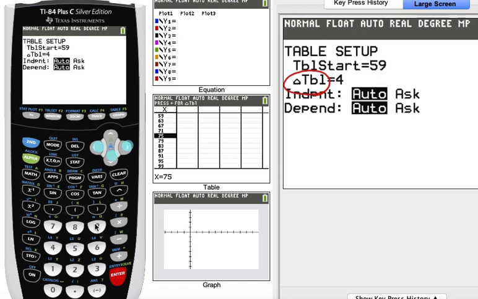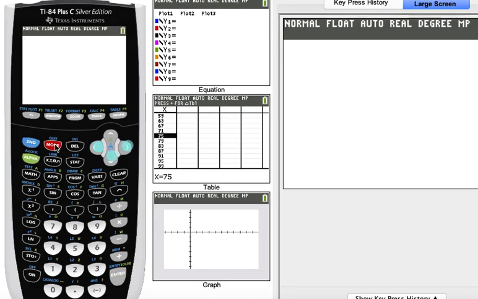So what you've done is your table setup. Now it's time to actually look at the table. So what you're gonna do is hit second mode, because when you hit the second, that mode button gets you to the quit. It gets you to a blank screen again. So now we're ready to actually look at the table.